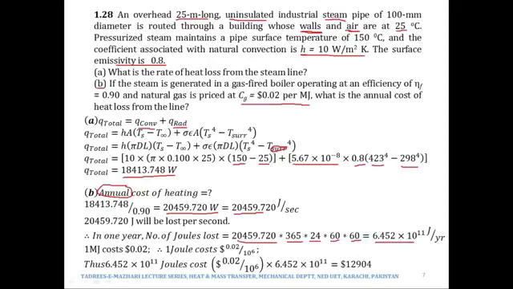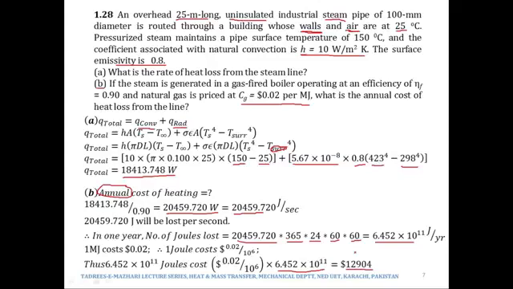So we will multiply it on both sides of this equation. If we multiply 0.02 divided by 1 million by 6.452 exponent 11, we get 12904 dollars. So this is the cost of the heat loss on an annual basis.